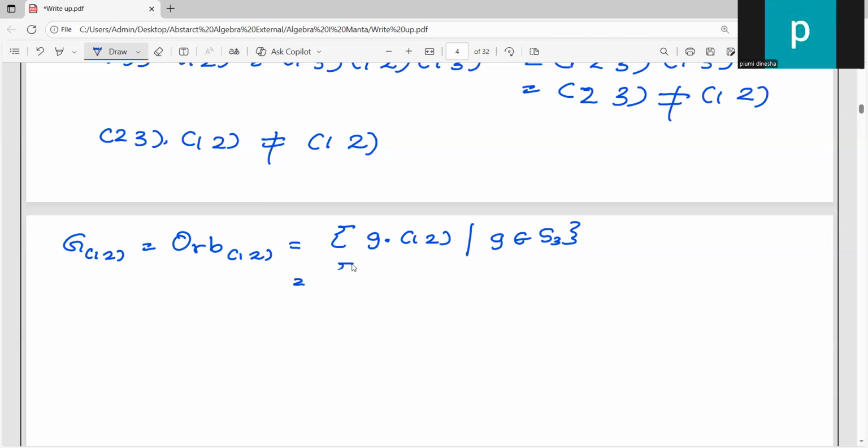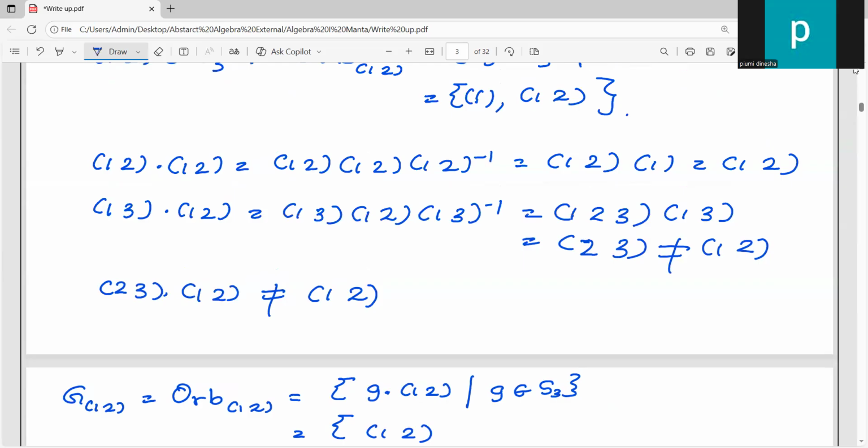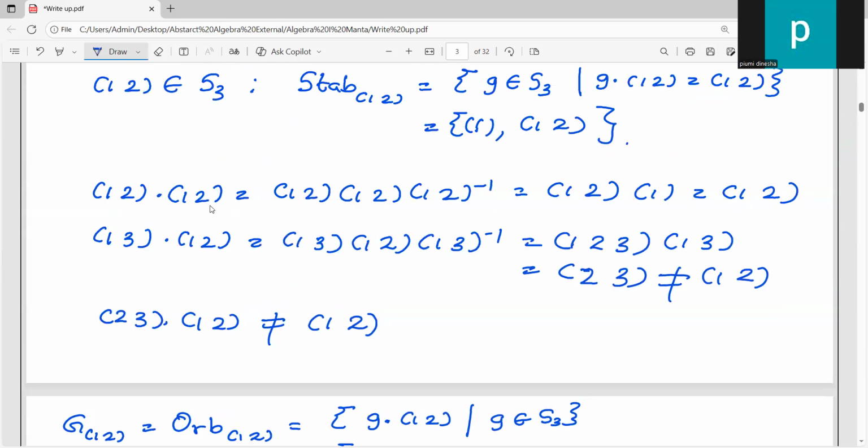This definitely has (1 2), because when you take the identity dot (1 2), it simply is (1 2), right? So it is in there. When you take (1 2), as we have seen, (1 2) dot (1 2) is equal to (1 2). So (1 2) is in there. By the identity also we see that.